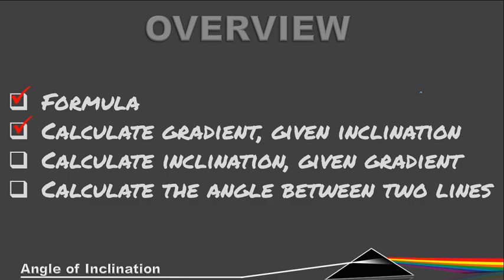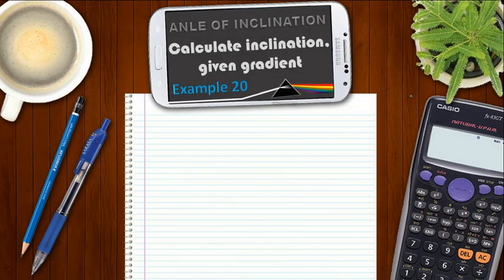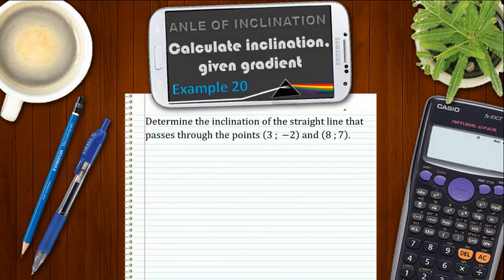Now for calculating the inclination when we're given a gradient. So for example 20, determine the inclination of the straight line that passes through the points. Now in this case we're not directly given the gradient, but we do know if we have 2 points how to calculate the gradient from that, because the gradient is just the change of y over the change of x.